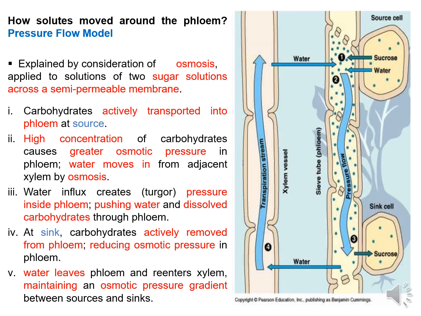Carbohydrates, or to be specific, the sucrose, are actively transported into phloem at source. This high concentration of carbohydrate will cause greater osmotic pressure in phloem.